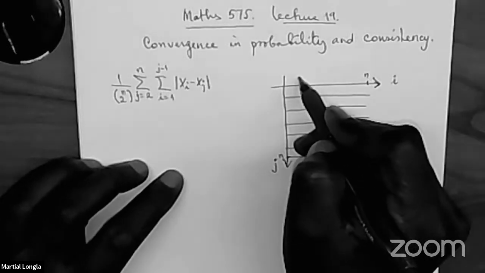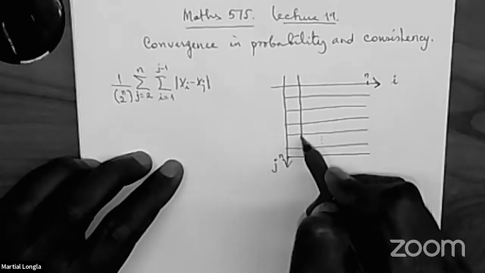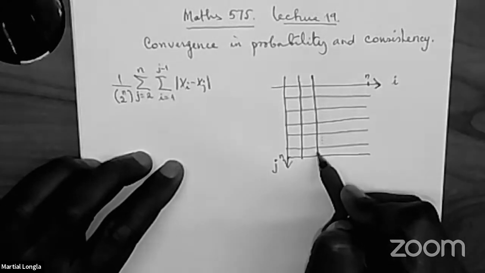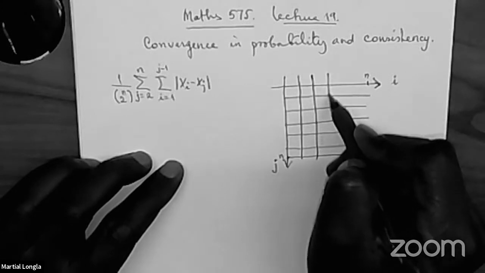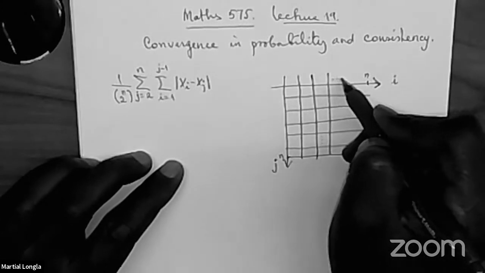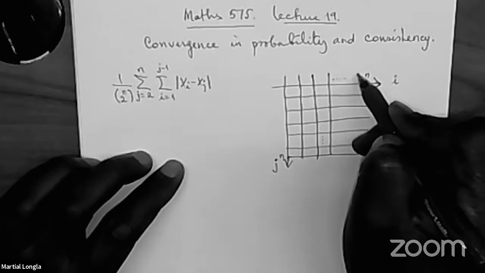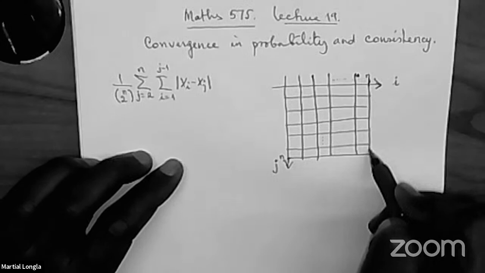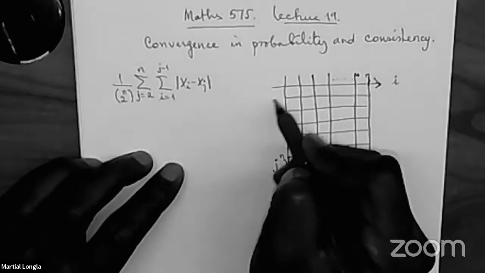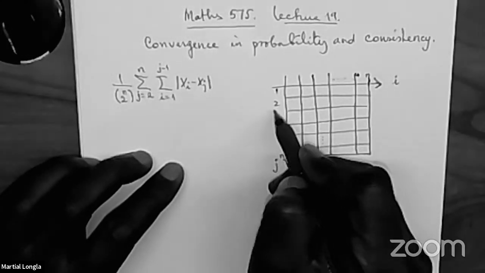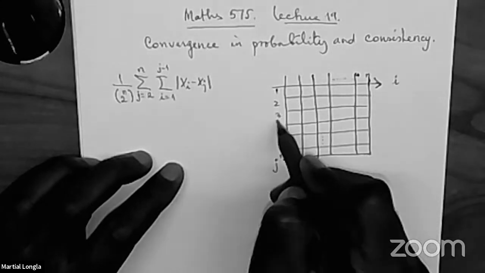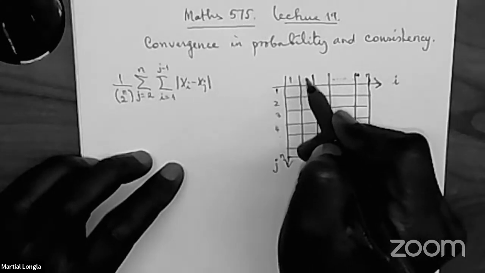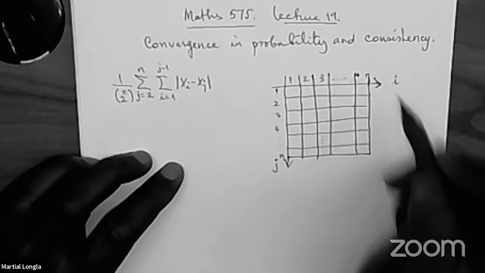And then you have the same thing here: 1, 2, 3, and then all the way down to the last one, n. So you are going 1, 2, 3, 4 down to n. You're going 1, 2, 3 down to n.